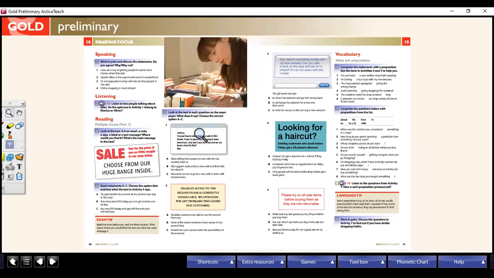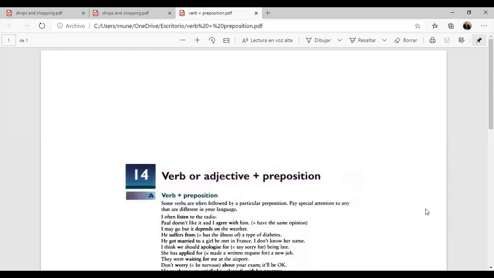Now, to finish, I'm going to show you this, and I am going to upload this paper, which is also something related to verbs and prepositions. Take a look at that. Verb or adjective with preposition.